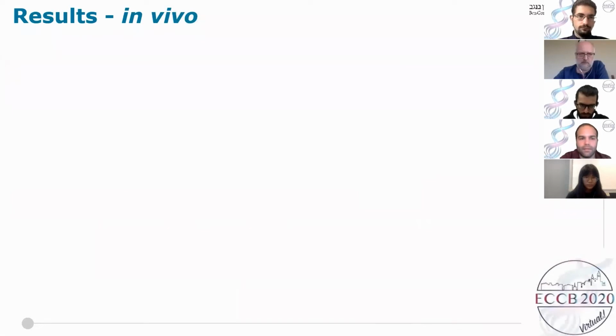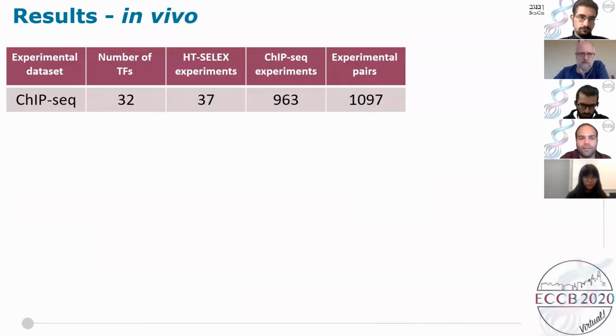The second dataset that we inspected is the in vivo dataset, which is comprised of ChIP-seq experiments. It has 32 transcription factors, with 37 HT-SELEX experiments and 963 ChIP-seq experiments, which result in 1,097 experimental pairs.